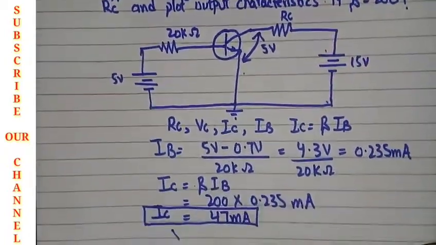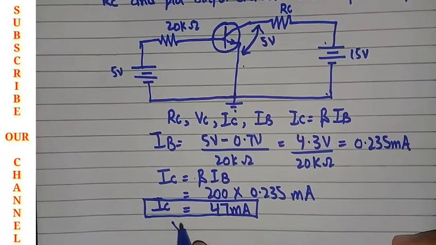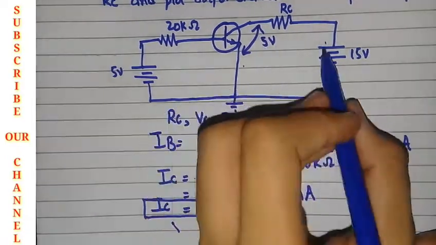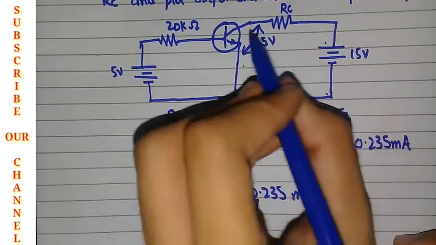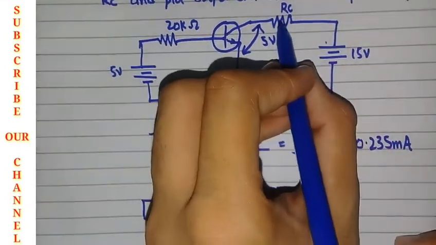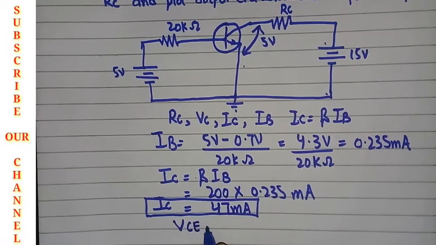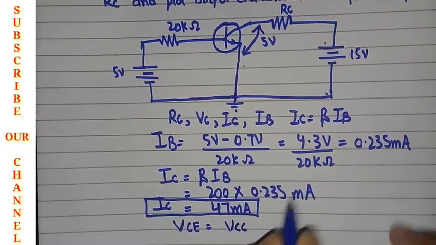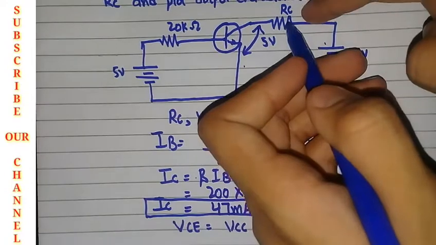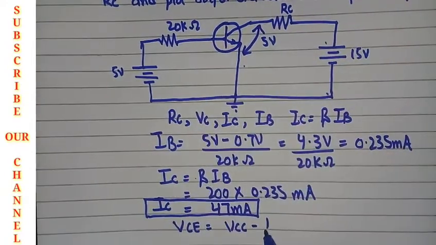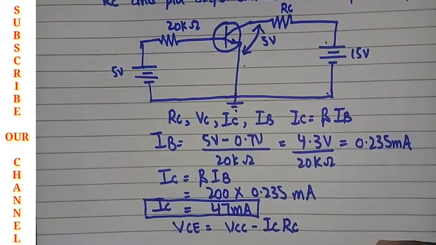So from the output loop you will find the value of VC. The voltage will drop over this resistance, so VCE will be equal to VCC minus IC into RC.